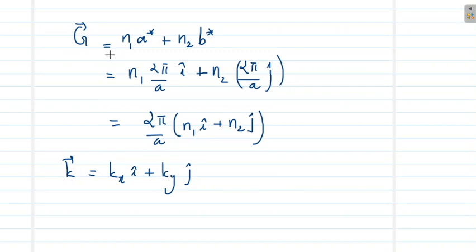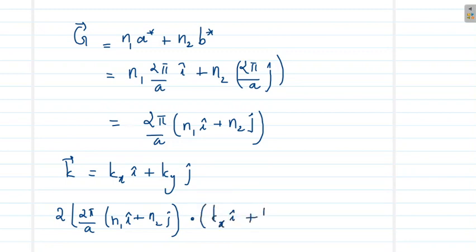Now substituting k bar and g bar into the Bragg's condition, 2 k bar dot g bar equal to mod g squared, it is given by 2 into 2 pi by a into (n1 i cap plus n2 j cap) dot (kx i cap plus ky j cap) equal to mod g squared.